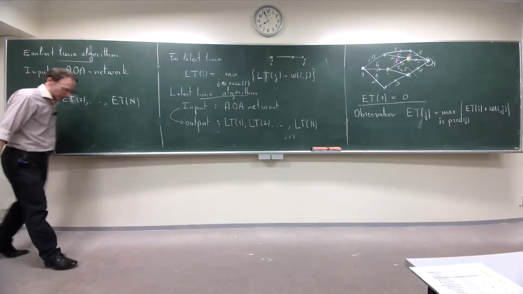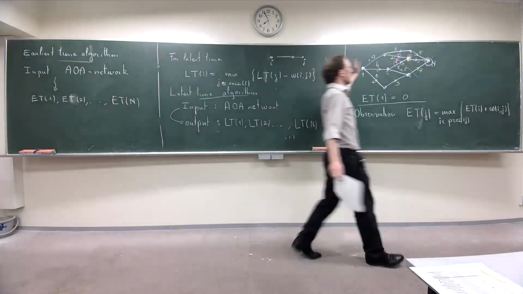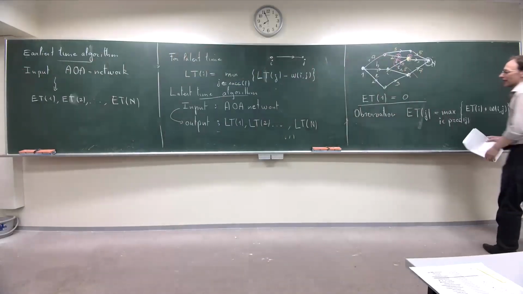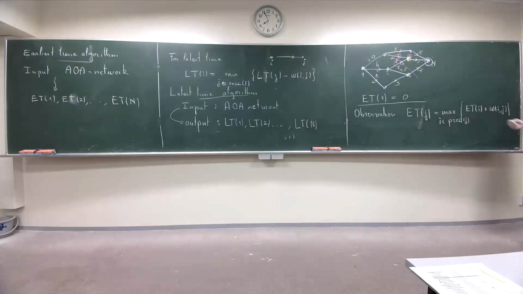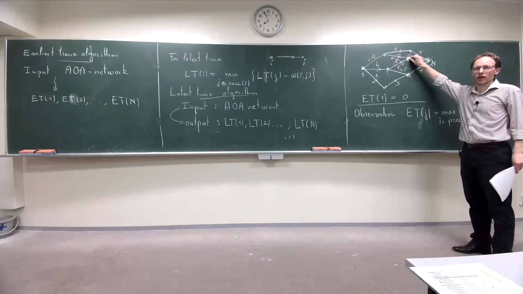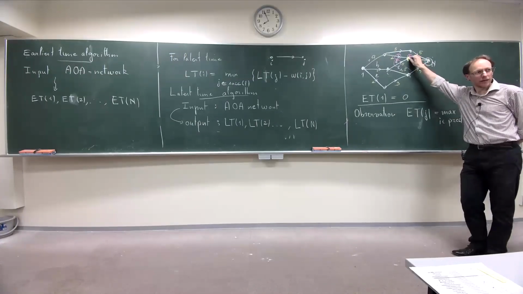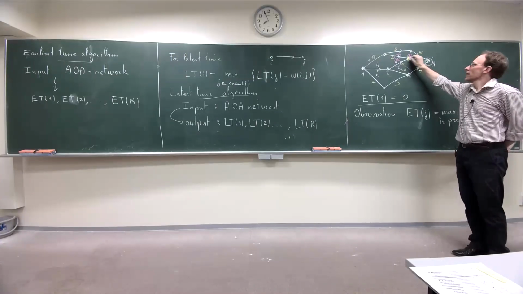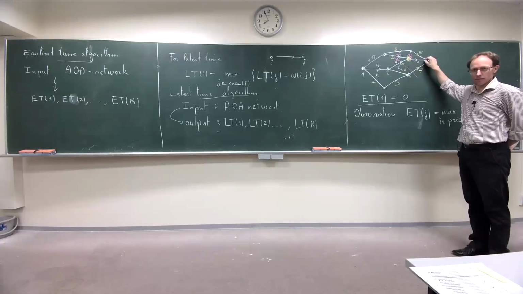So you compute the earliest time and you compute the latest time. And there is one more notion: suppose you are here now, how long can you wait until you start this activity?